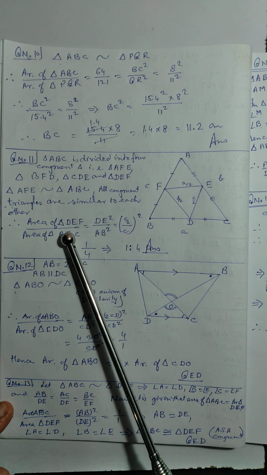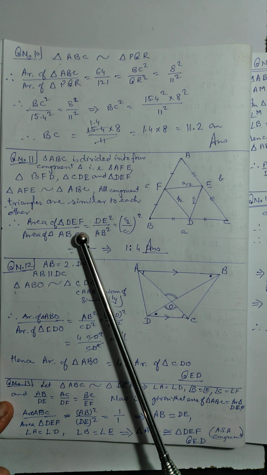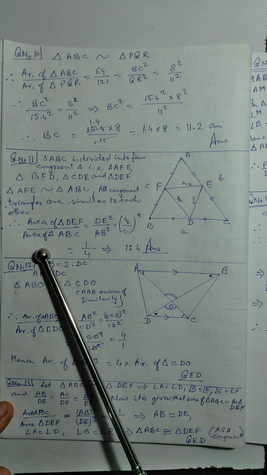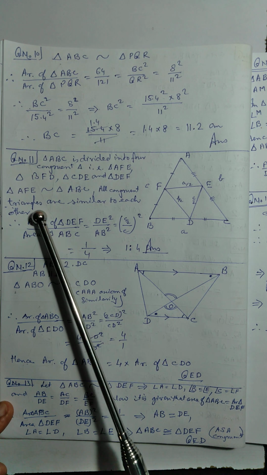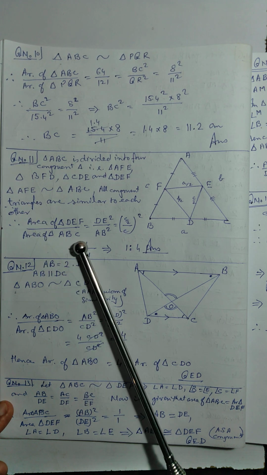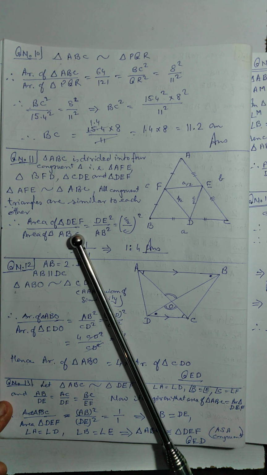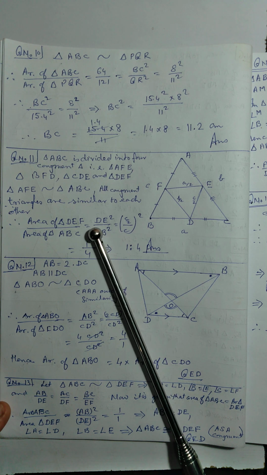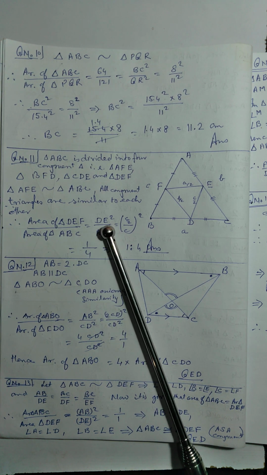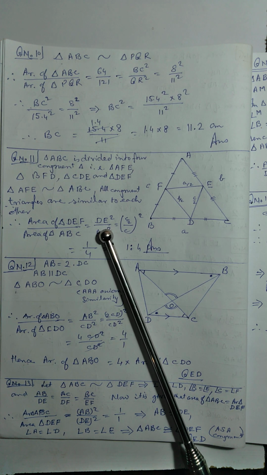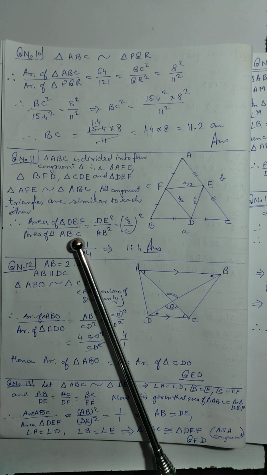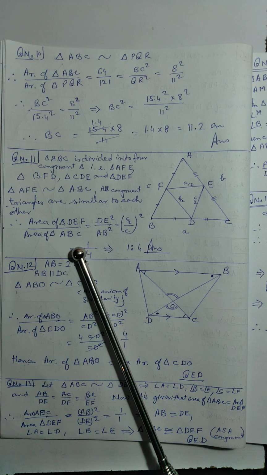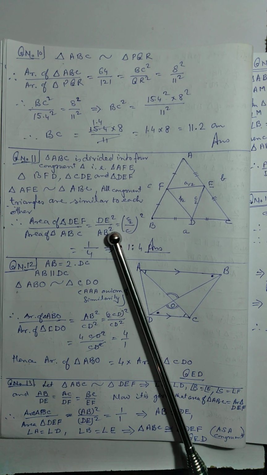So the area of DEF upon the area of ABC, I have replaced the AEF as DEF because they are congruent. So the corresponding sides का proportional हो, स्क्वायर का proportional होगा. देखिए DE square upon AB square. What is DE?